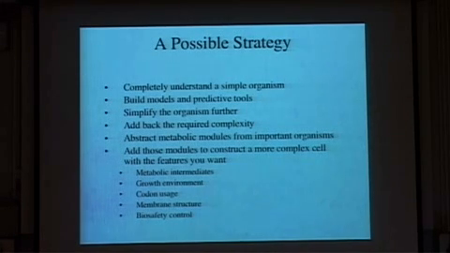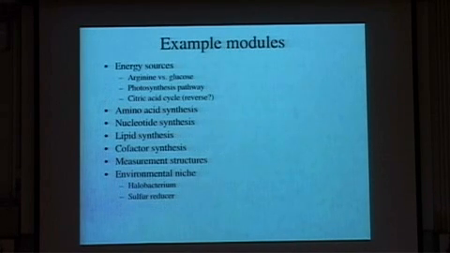The organism I'm studying has no citric acid cycle. It just does glycolysis. Well, what would it take to add a citric acid cycle to this organism? We could think about modules that provide different energy sources. Arginine is not metabolized, but there are other mycoplasmas that metabolize arginine and use that as an energy source.